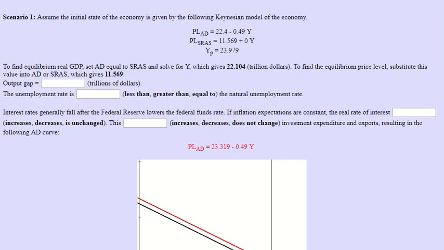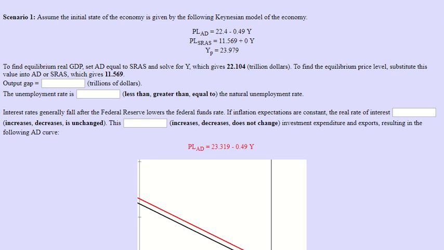In this problem, we're going to have the Fed implement monetary stimulus. This is an introduction to what we're going to discuss over the next 2 or 3 months, monetary policy. And it works like fiscal policy.